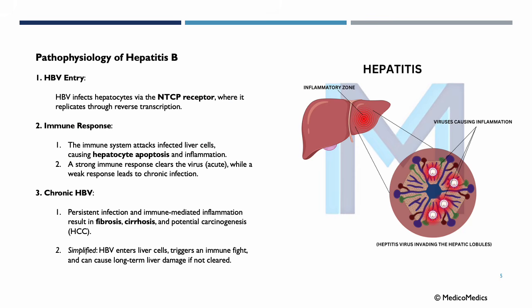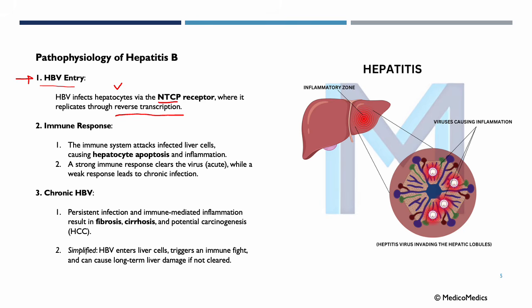Now, diving a bit deeper into the pathophysiology of hepatitis B. It starts with the HBV entry. The virus infects hepatocytes, meaning liver cells, via the NTCP receptor, where it replicates through the process of reverse transcription.